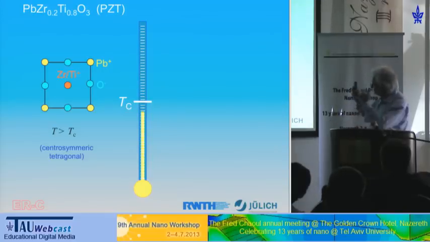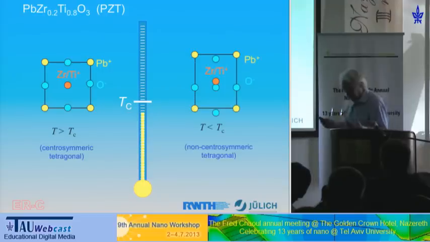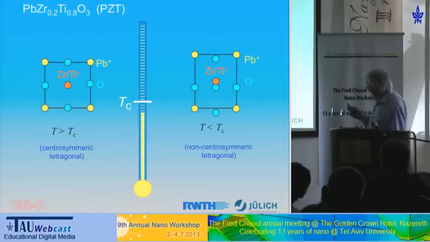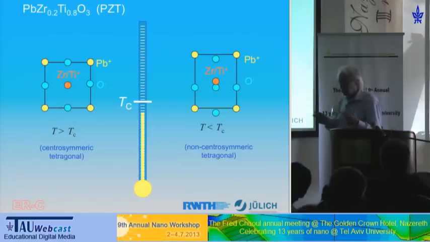Now we reduce the temperature below the critical Curie temperature, and this is accompanied by a phase transformation. That means the lattice becomes elongated and it loses its centrosymmetry, and now the charges of the ions and the cations no longer coincide.